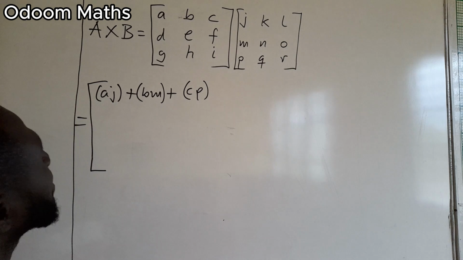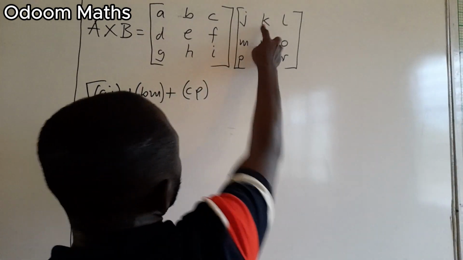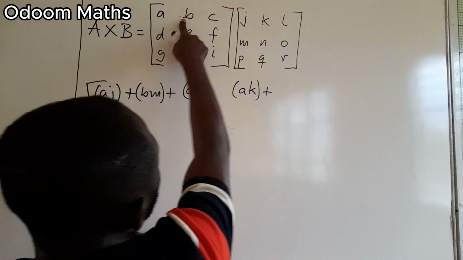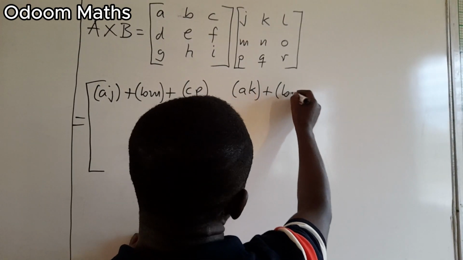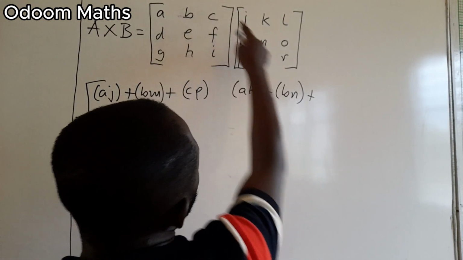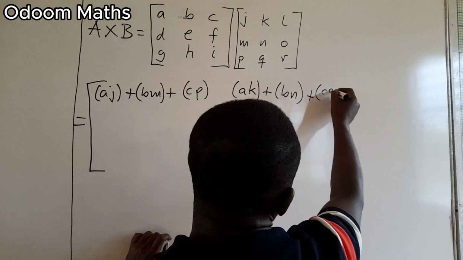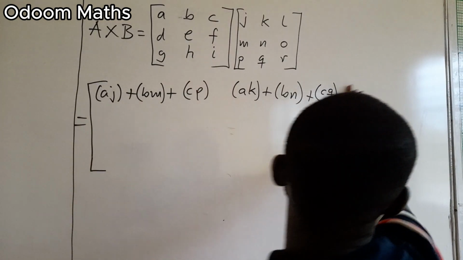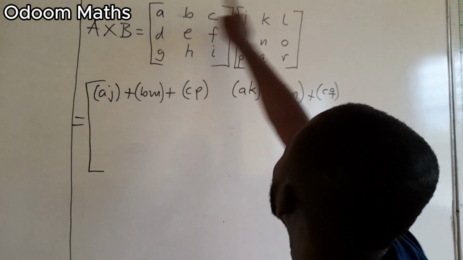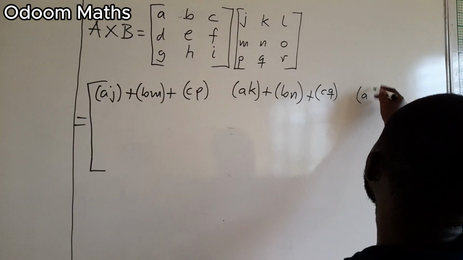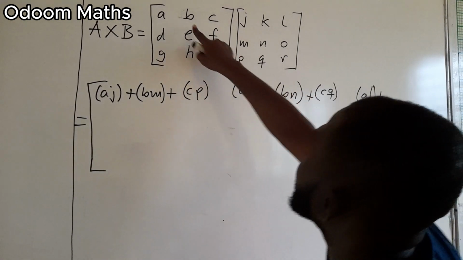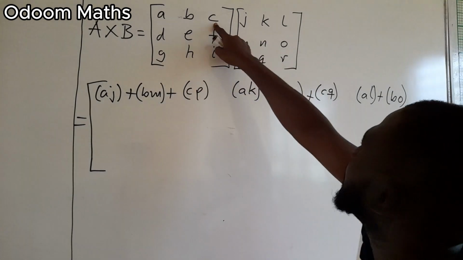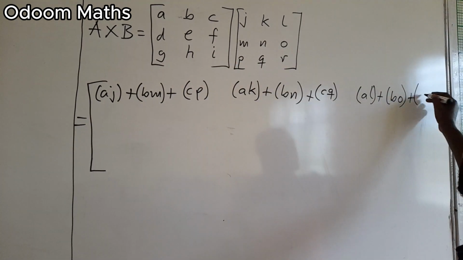Then A times K, so that is AK, plus B times N, so BN, plus C times Q, so that is CQ. Then we are going to the last, so A times L, that is AL, plus B times O, so that is BO, then plus C times R, so CR.